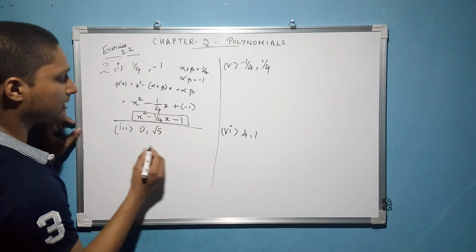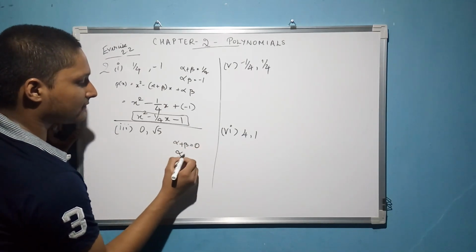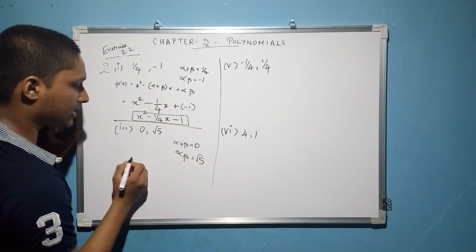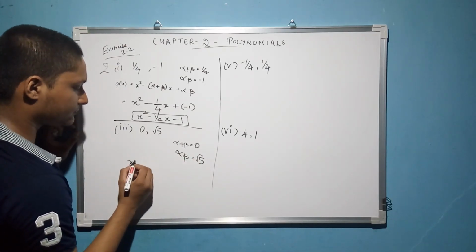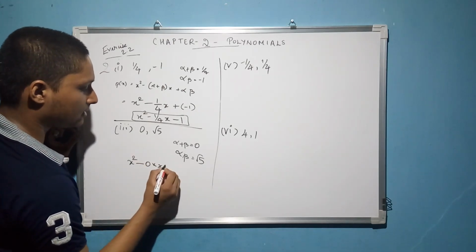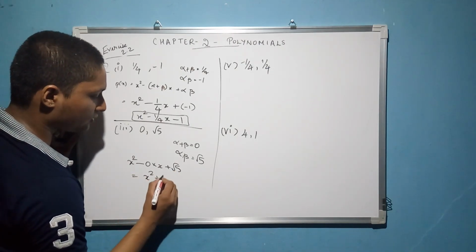So now you have the sum, alpha plus beta, to be 0 and alpha beta is equal to root 5. So how should it be? That comes to be x square minus 0 into x plus root 5. That is, x square plus root 5.